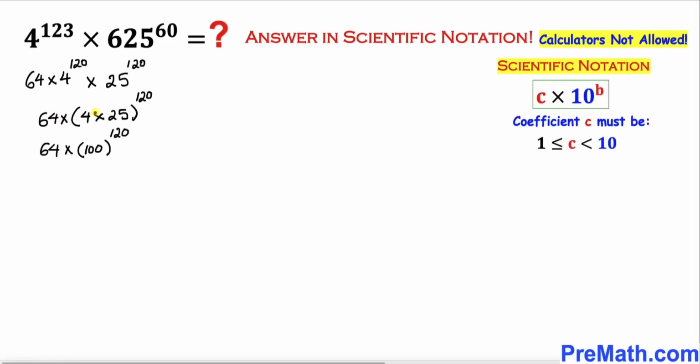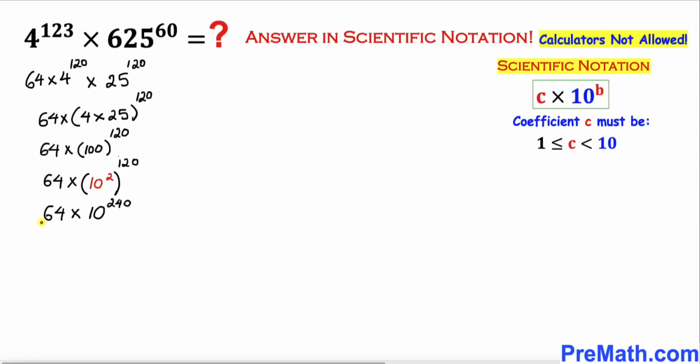And now in this next step, 4 times 25 is simply 100. And this 100 could be written as 10 power 2. And now we are going to use the power rule once again. We're going to multiply these two exponents. So therefore this becomes 10 power 2 times 120 becomes 240.